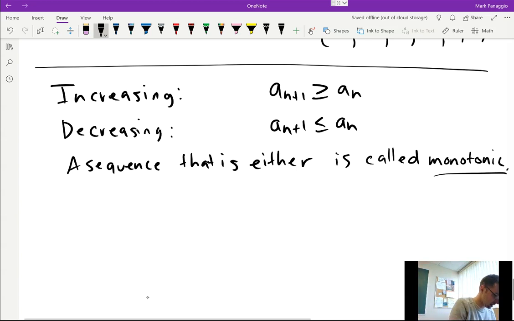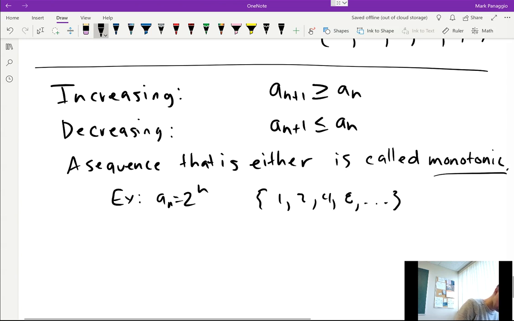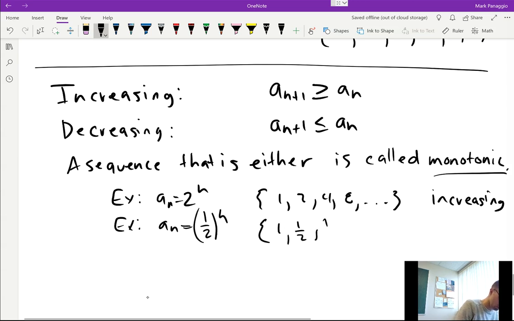And so examples of those would be, well, 2^n. That was just 1, 2, 4, 8, and so on. That is increasing. On the other hand, (1/2)^n, which was 1, 1/2, 1/4, 1/8, and so on. That's decreasing.